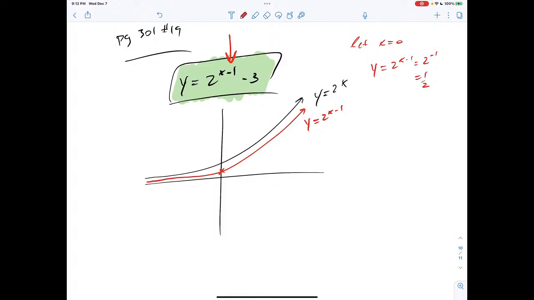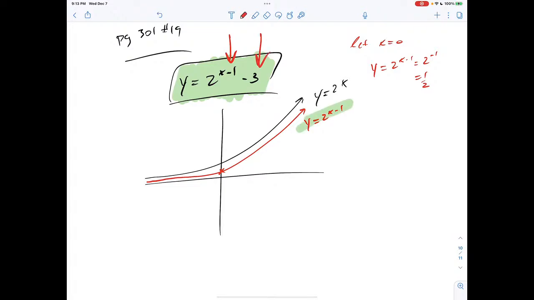Does that make sense? Because visually what you're doing is moving everything over. That's where it hits. These values all get shifted over. So it looks almost like the graph is being pushed down, but it's actually being pushed to the right. So this is my graph of y equals 2 to the x minus 1.